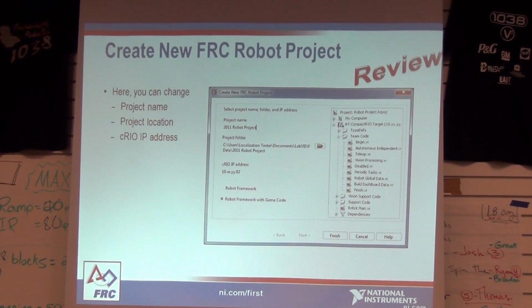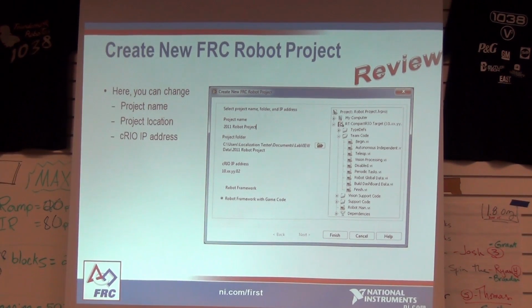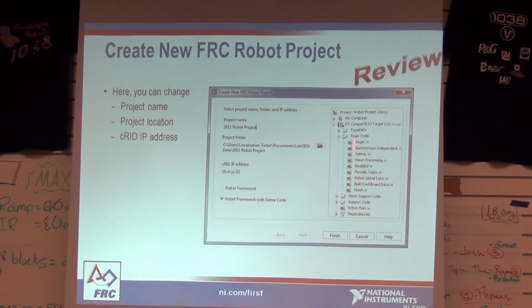So when you create a robot project, you give it a name, you set a location for it, and you set the cRIO IP address so that you can communicate with it. You want to make sure that your IP address is on the same subnet as your cRIO so that you can see it firstly, and then when you hit finish, you'll get all of these VIs in that robot project.